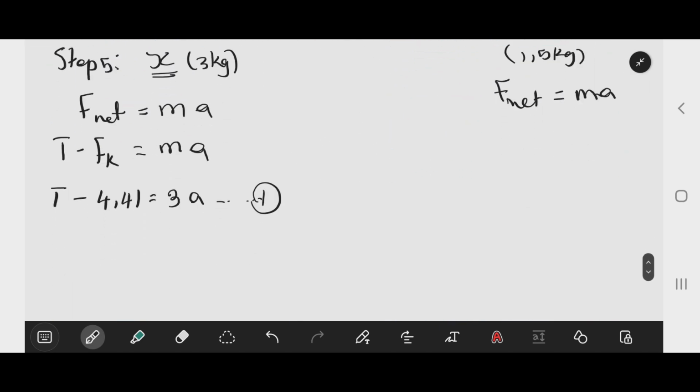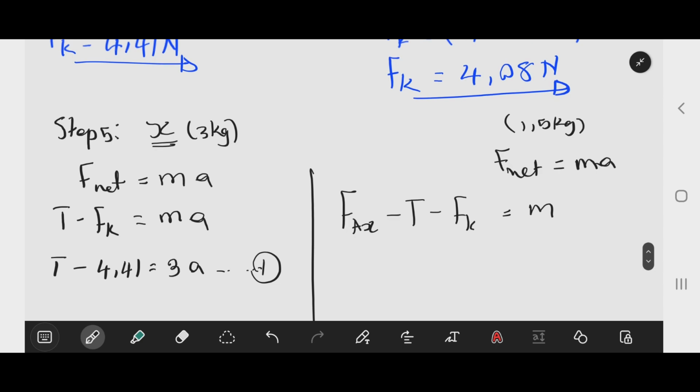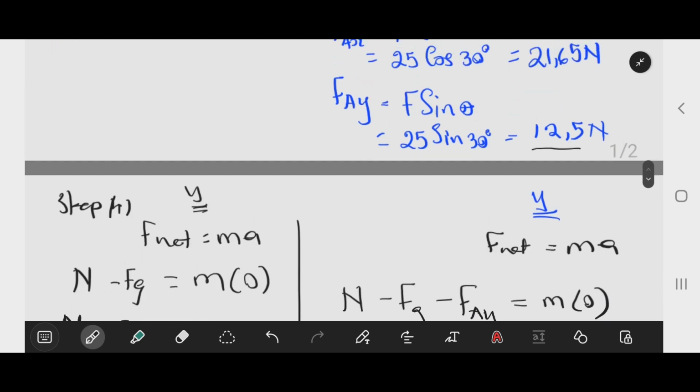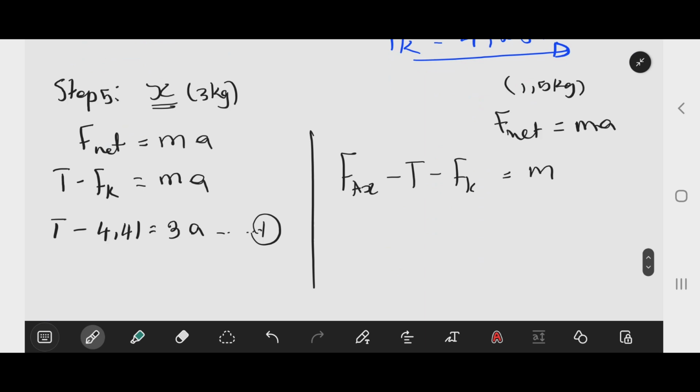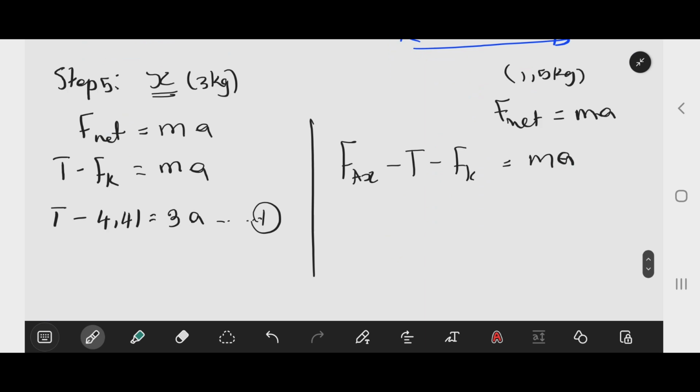So our equation will have Fax minus tension minus friction, and this is equal to the mass of the object multiplied by the acceleration. Remember, acceleration is a vector. You need to substitute with the direction, and since this object is moving to the right, your acceleration would be positive. So that would be positive a.